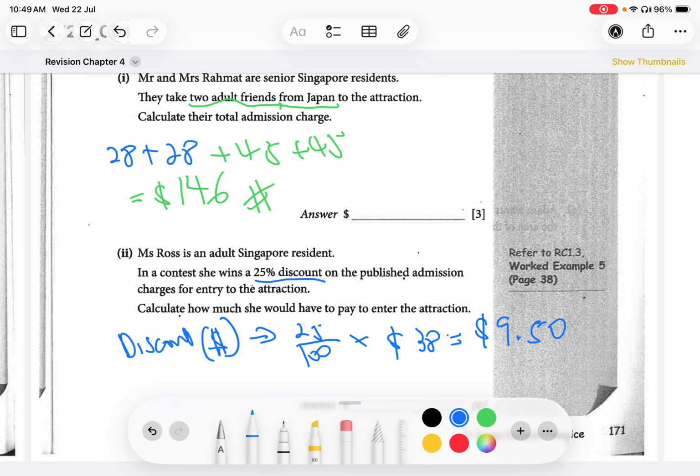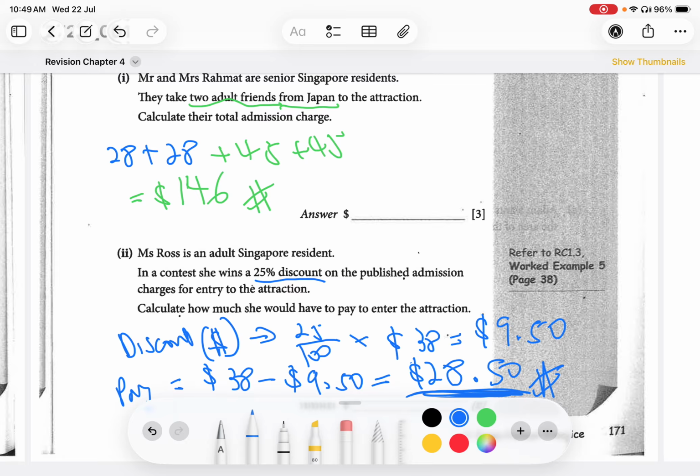So how much does she have to pay? The money she pays is $38 minus the discount, $9.50. $28.50. That's the money she paid to enter the attraction.